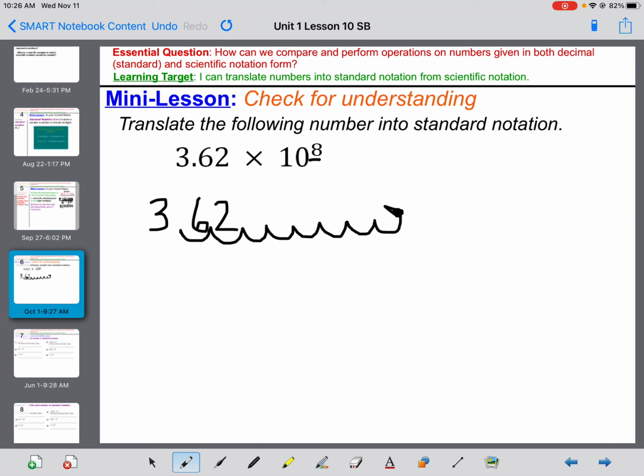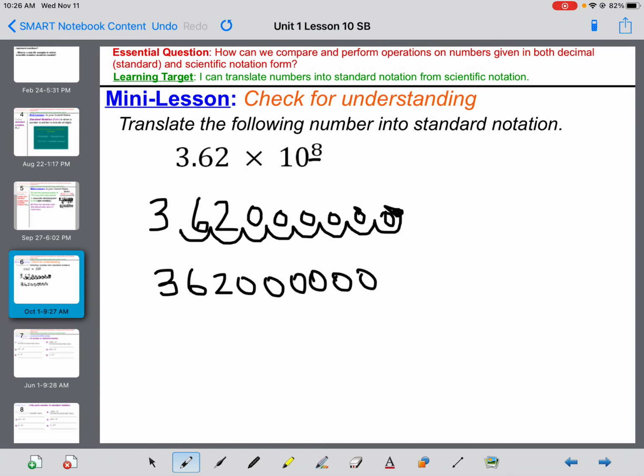We moved it 8 places. There are 6 empty spaces, so we're adding 6 zeros. So we have 3, 6, 2, 1, 2, 3, 4, 5, 6. And we're going to count from right to left every 3 numbers. 1, 2, 3, comma, 1, 2, 3, comma. Our answer is 362 million.